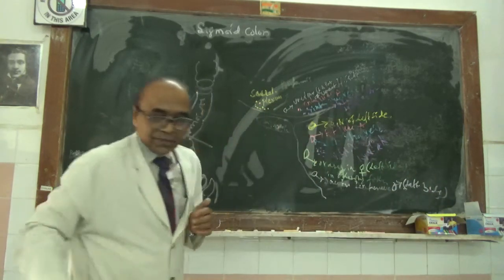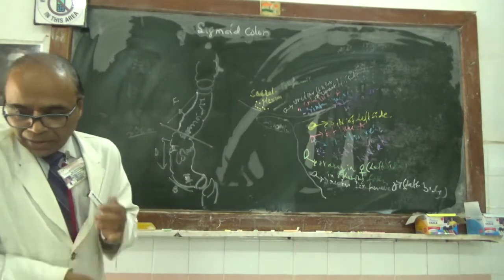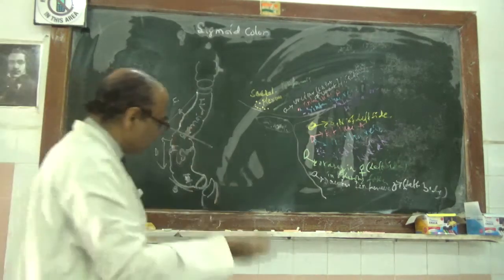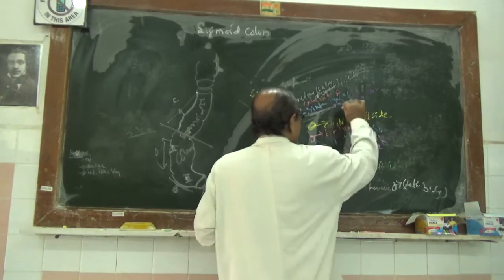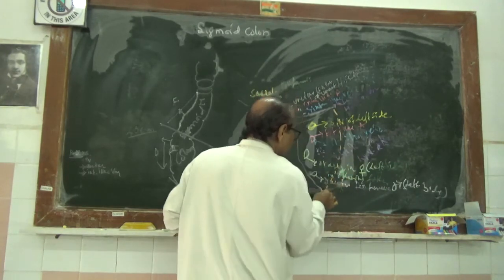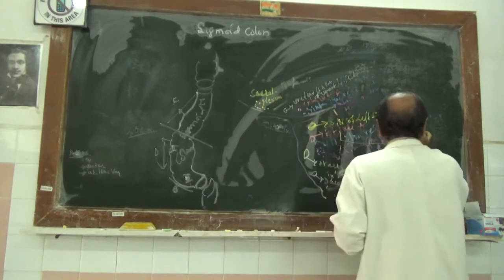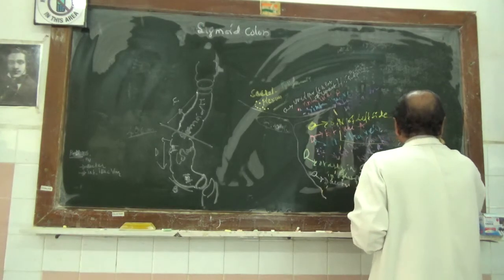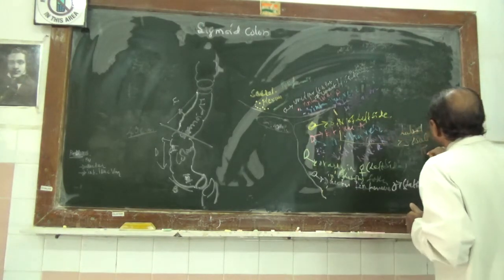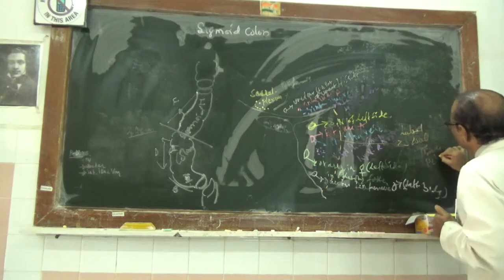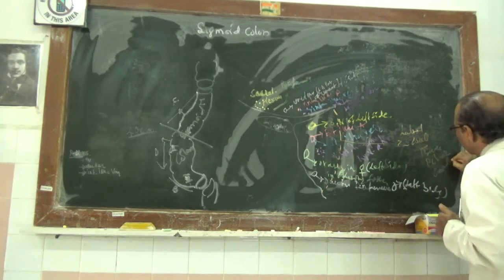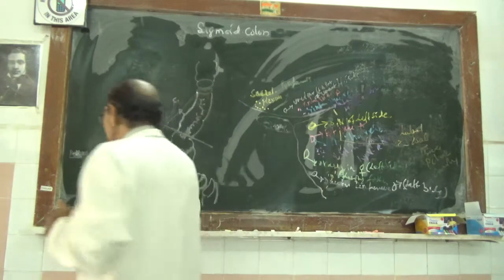So this is the thing. Then you will have the lateral wall of the true pelvic cavity. This is called the lateral wall of the true pelvic cavity. So this will be the thing.